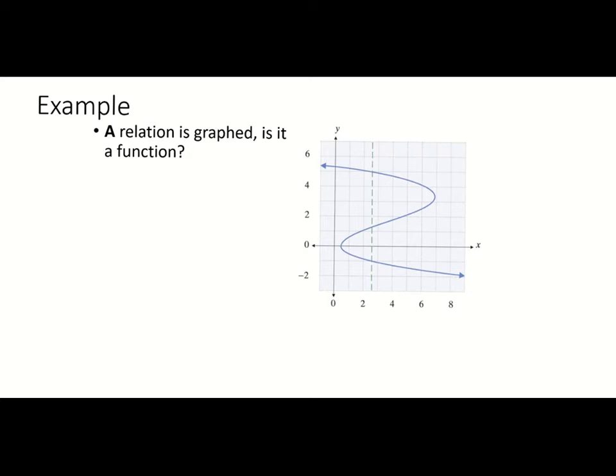And if you notice, if my pencil stops right here, how many parts of the graph am I touching? I'm touching here, here, and here. So on the vertical line test, at one point my pencil is touching 3 points of the graph. So that means that this is not a function because it fails the vertical line test.